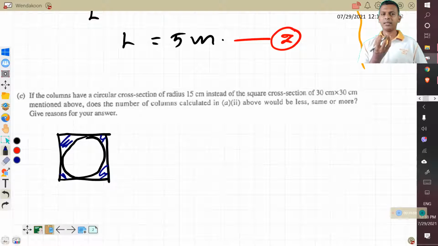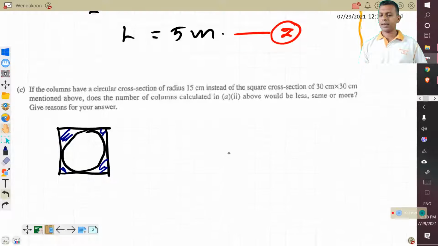Therefore, if you get 30 circular columns, the area will be less than that of the 30 square columns. Therefore, you may need more columns. So you can explain it in that manner by using this type of a diagram.